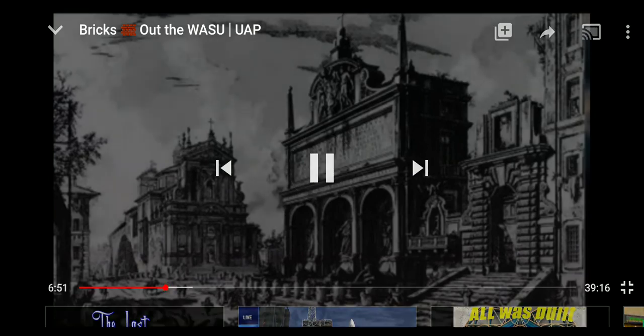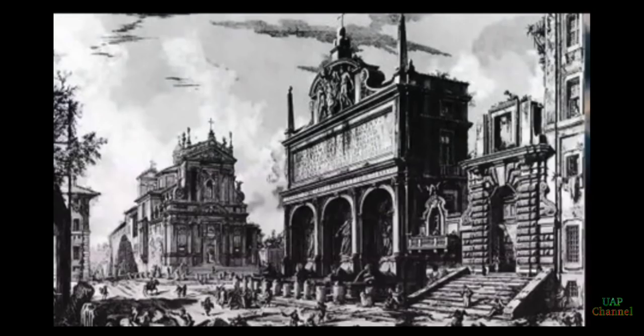For the arch, the Dennis Arch that's been moved. All kinds of these things.